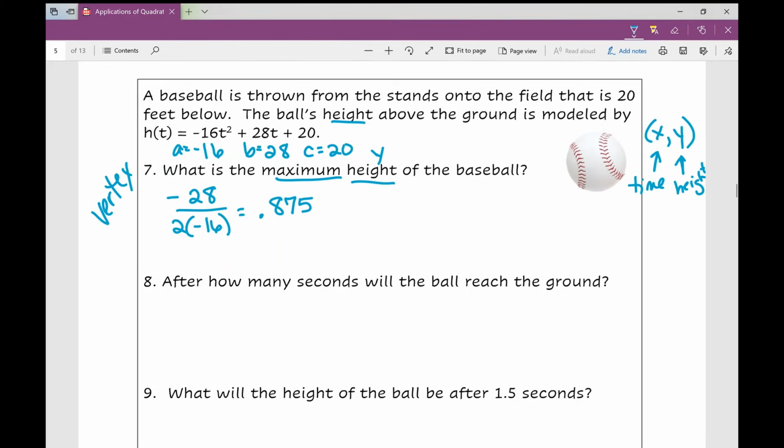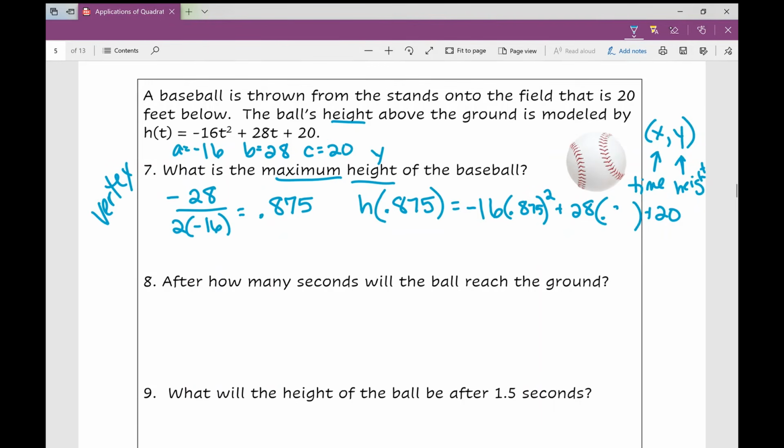So now, because I'm looking for the y value, I'm going to plug that x value into my equation to find what the y value is when x is 0.875. When I plug it in, I like to replace t with parentheses, and then what you're replacing it with, you put inside the parentheses.